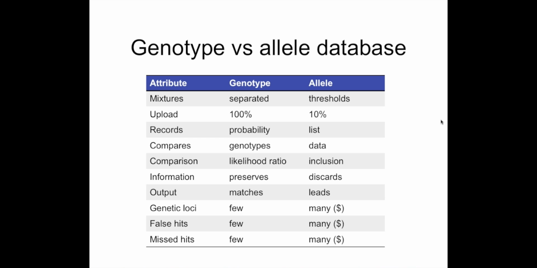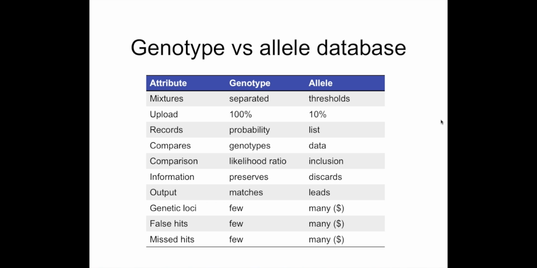That's a data-to-data comparison. The comparison itself for genotypes computes a likelihood ratio in a genotype database, which is a measure of information between the evidence items and their contributors, whereas the allele comparison is an inclusion, an intersection, one of these sorts of allele database operations depending on the stringency level.